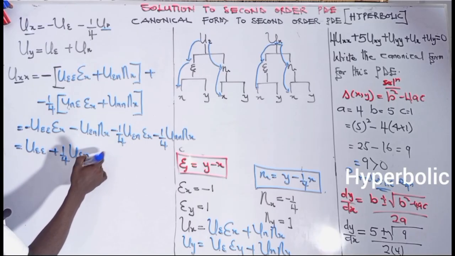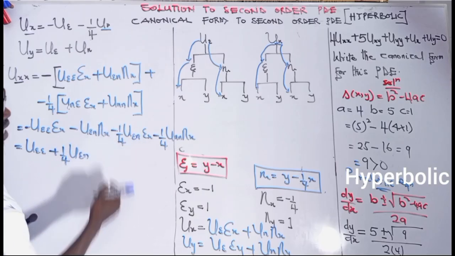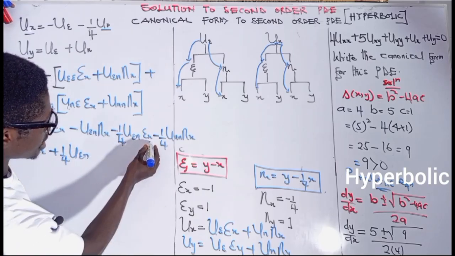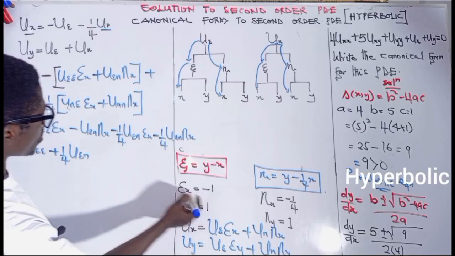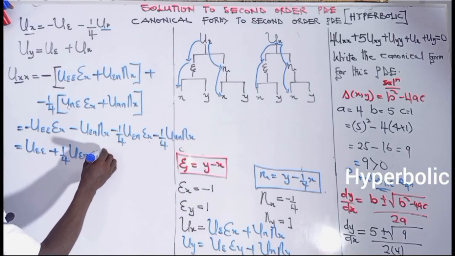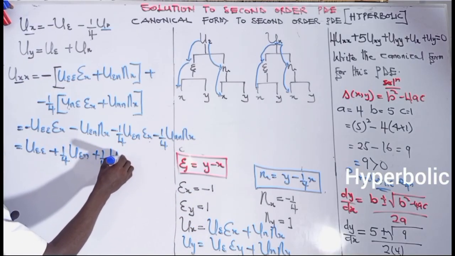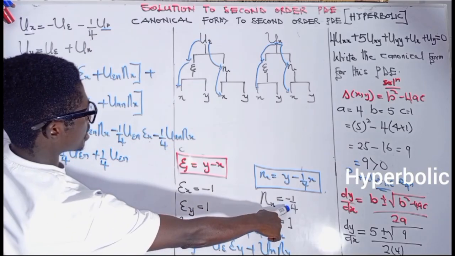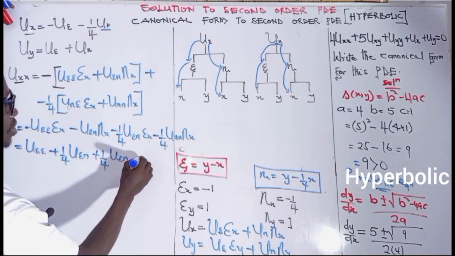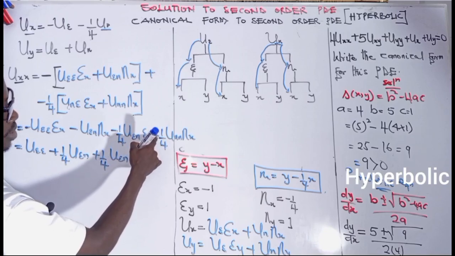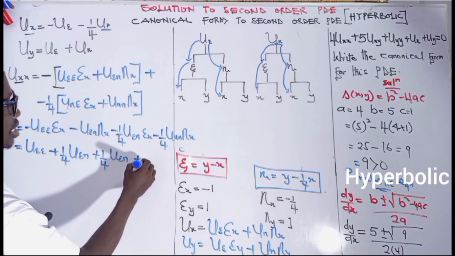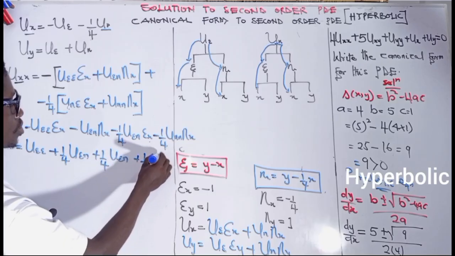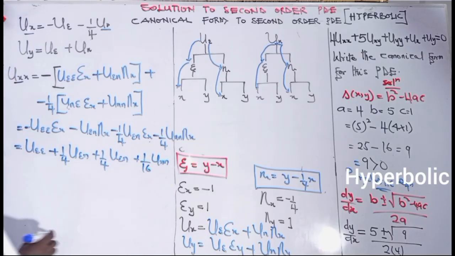Then we have -1/4 u xi eta. Now xi x here is also -1, so negative gives us +1/4 u xi eta. Then the last one, eta x. Eta x is also -1/4, but we have a negative here, so it's going to be 1/16 u eta eta. So from here, I think we can do some small algebra. We can add this together.